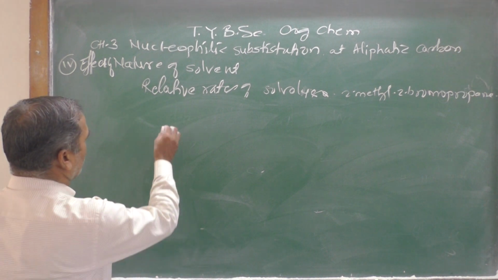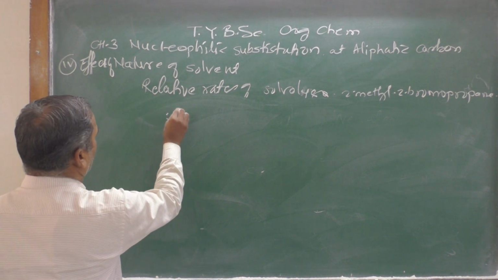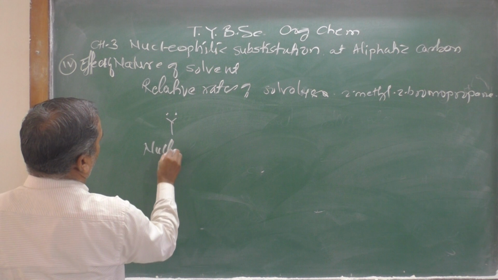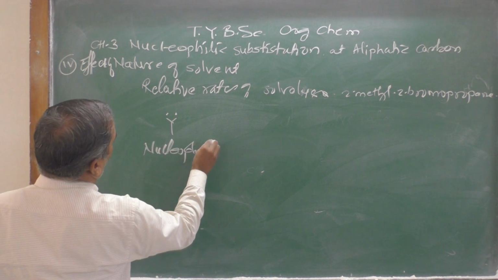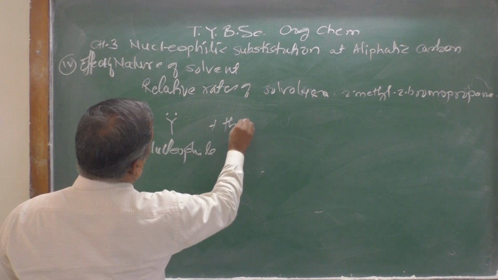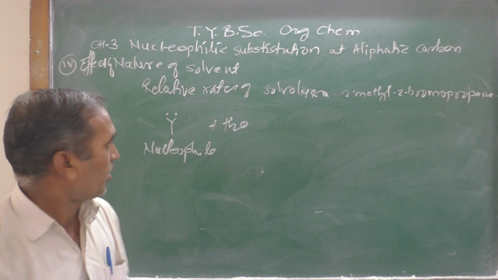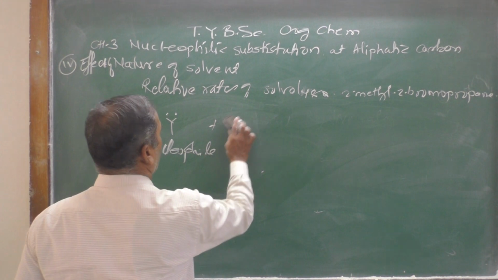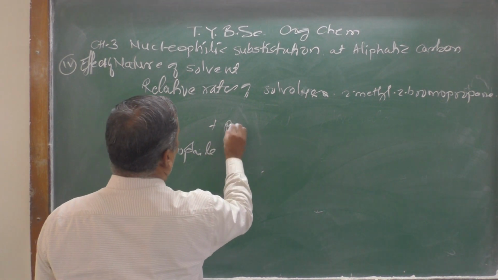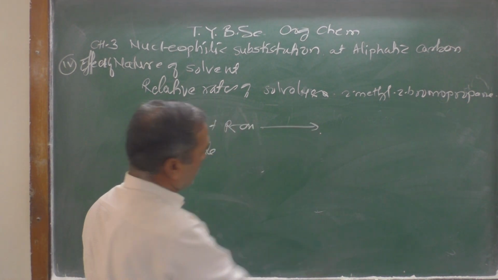For example, let us see here, Y is nothing but the nucleophile here. When you add a polar protic solvent like water, or here let us see another one, alcohol, ROH, that is a polar protic solvent.